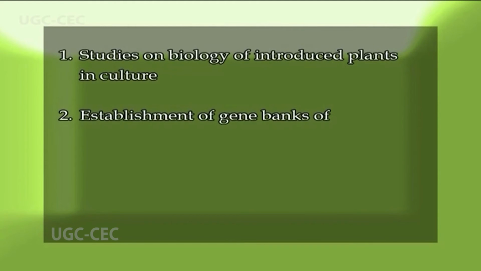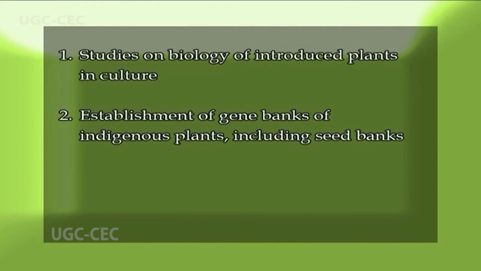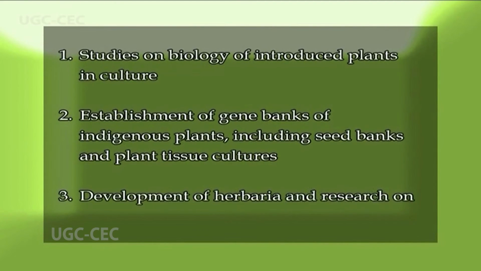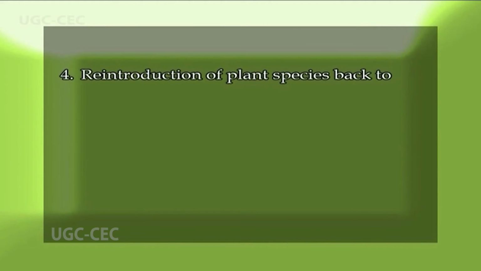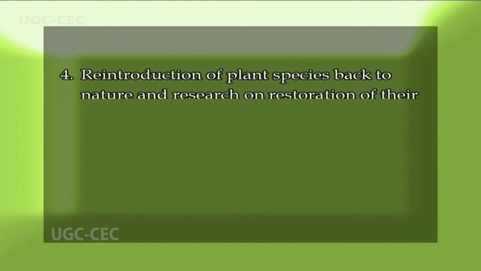Second, establishment of gene banks of indigenous plants, including seed banks and plant tissue cultures. Third, development of herbaria and research on plant systematics. Fourth, reintroduction of plant species back to nature and research on restoration of their natural habitats.